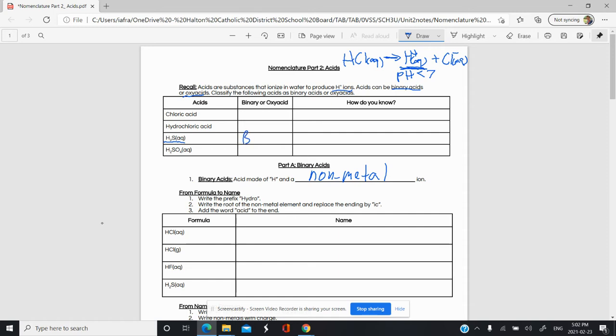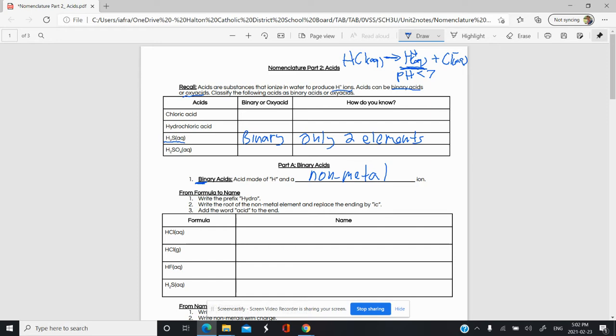This is a binary acid. Binary again meaning two, only two elements in it, H and then the non-metal. Notice how there's an AQ there, aqueous, because it's dissolved in water to act as an acid.